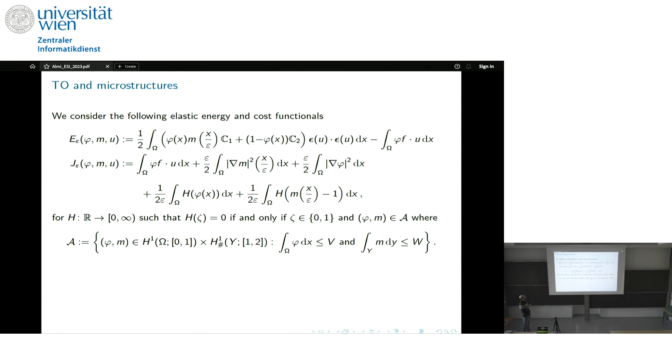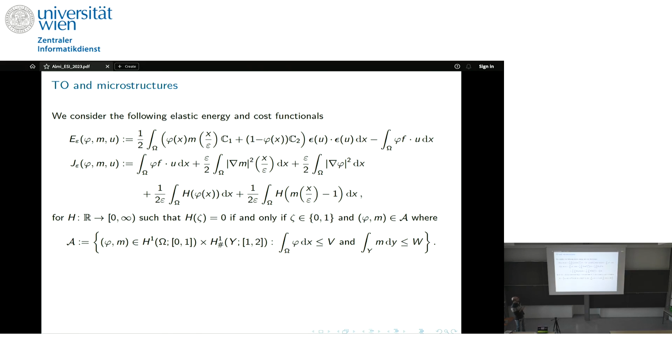So here, what you're saying with this kind of energy, which is of elastic type, is that you're mixing somehow two possible elasticity tensors. So the idea could be that C2 would be the elasticity tensor associated to the void or ersatz material, so it's still positive but very small. And is active only when phi is equal to 0.